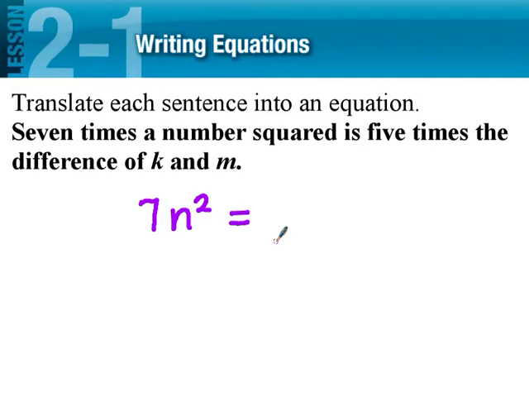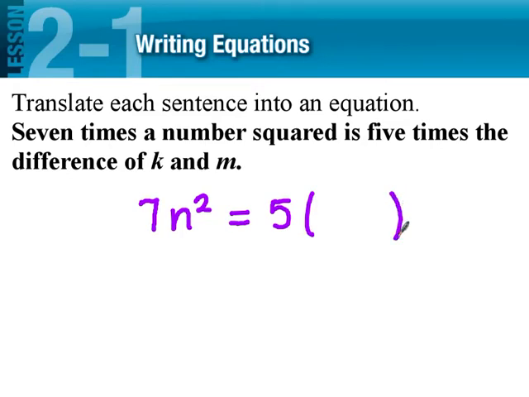5 times the difference of k and m. All right, so 5 times, what does that mean? 5. Yep. And this says the difference of k and m. So I'm going to put parentheses for that difference.